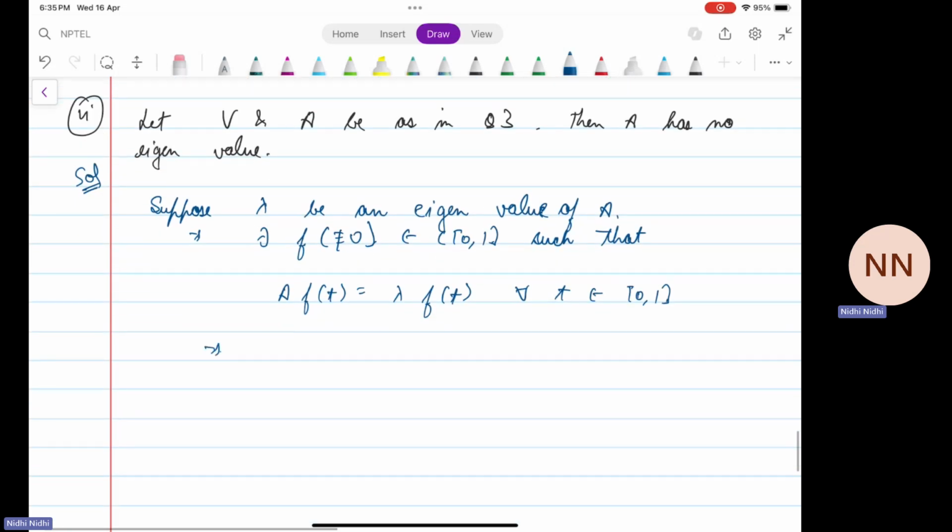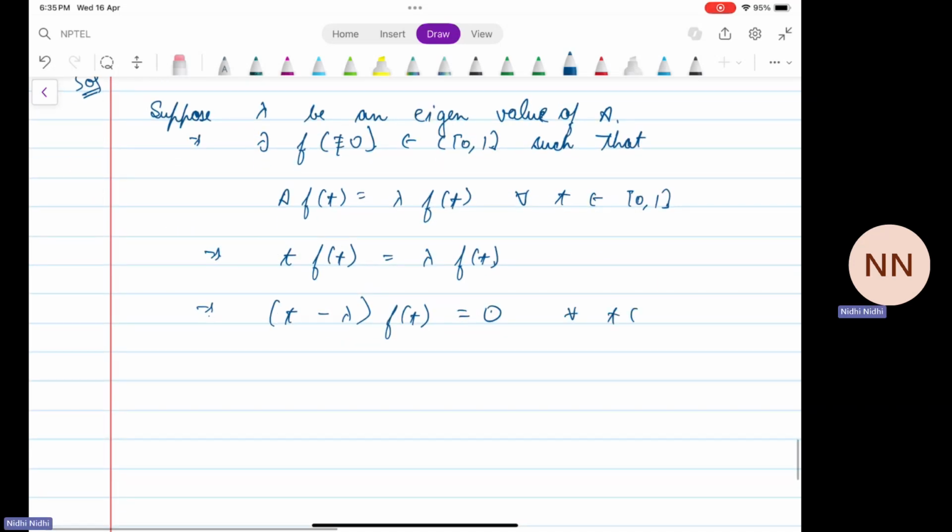And the way Af is defined, t times f(t) is equal to lambda f(t). So (t minus lambda) f(t) is equal to 0 for every t in 0 to 1.